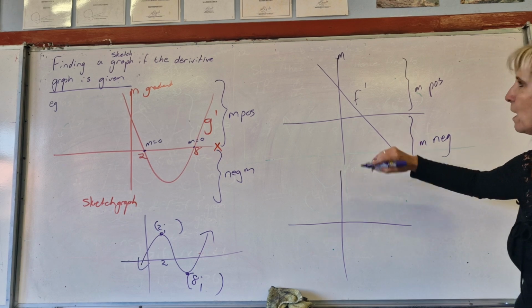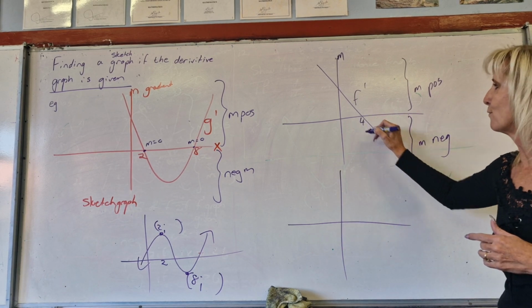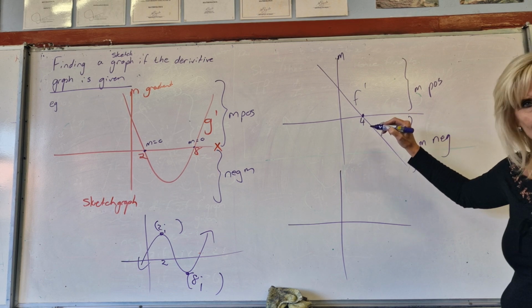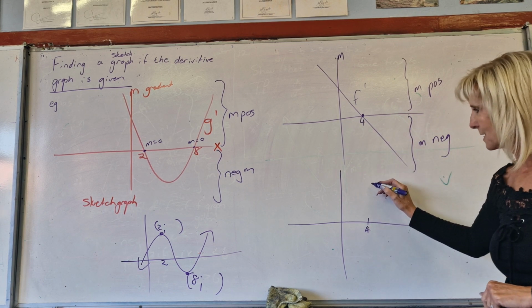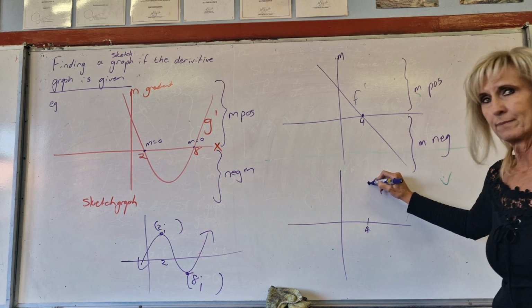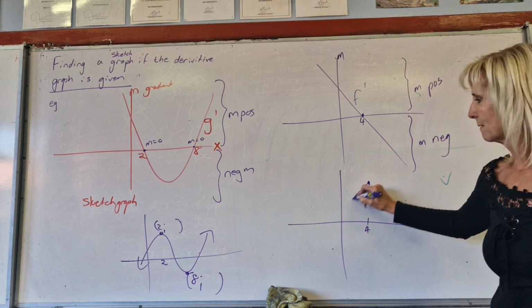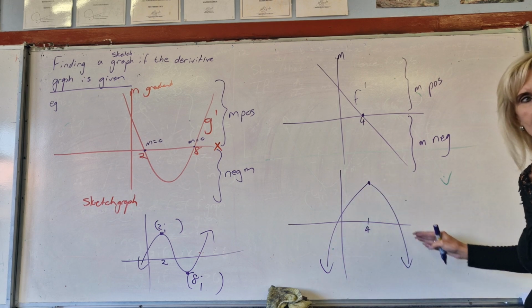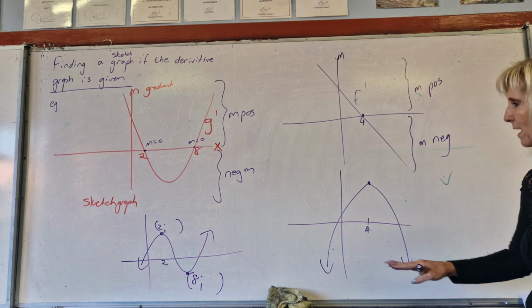Where? Oh, I never gave you anything. Let's make it a 4. So at 4, you've got a turning point. So wherever 4 is, somewhere it's turning. Where do you want it to turn? Somewhere there. And it must turn. So it should have a positive and then a negative gradient.